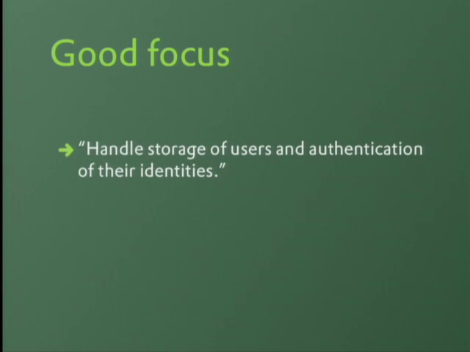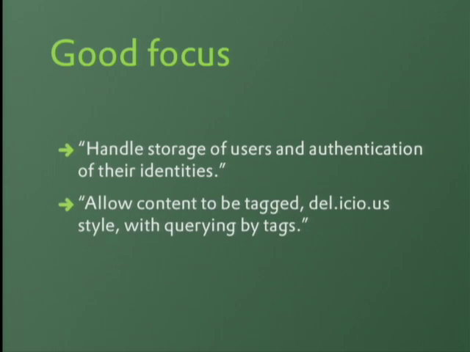It handles storage of users and authentication. Jonathan Buchanan's Django tagging, which is one of the most insanely useful third-party applications out there. What does it do? Allows content to be tagged delicious style and lets you query on it. Somebody wants to write a weblog. What's that going to do? Handle entries in a weblog. These are really good examples of answers to this question.